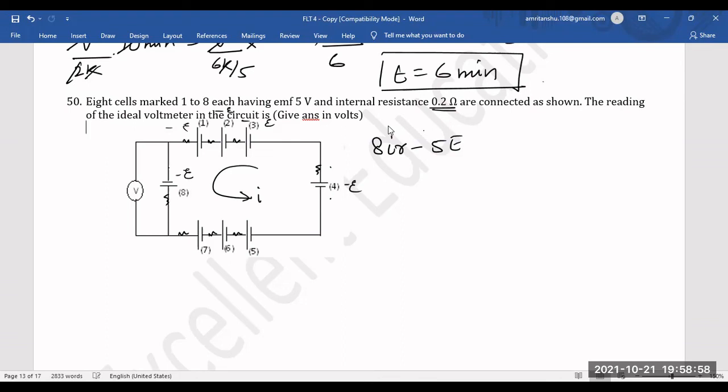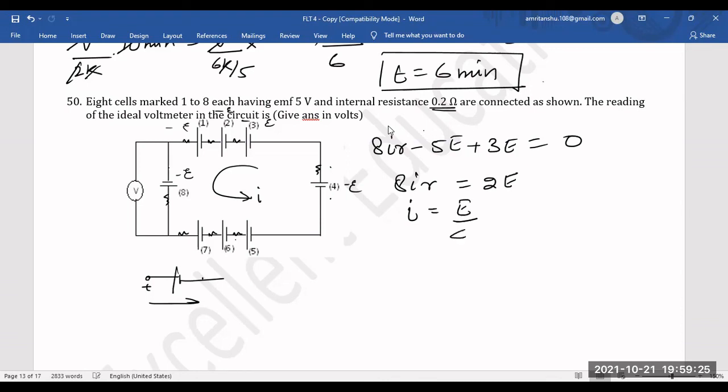So it is minus 5e, plus e plus e and plus e, because when I'm moving like this, as I said, positive to negative, I'll get plus 3e. This is going to be 0. So 8IR equals 2e, and I is E by 4R.